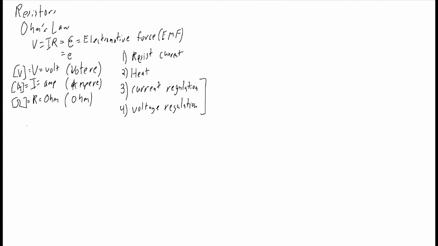Making heat. Speaking of, there is a power rule that comes with this. Power is equal to I times V. Well, that means I can take my Ohm's law, rearrange it and shove it in here, and we find that power is equal to current squared times resistance, or V squared over resistance.